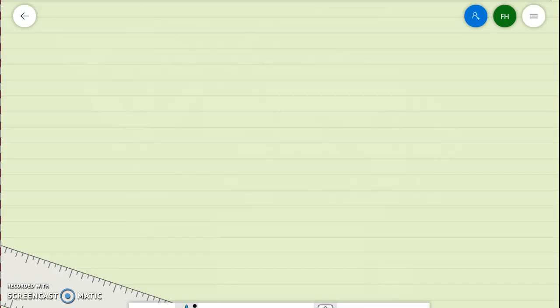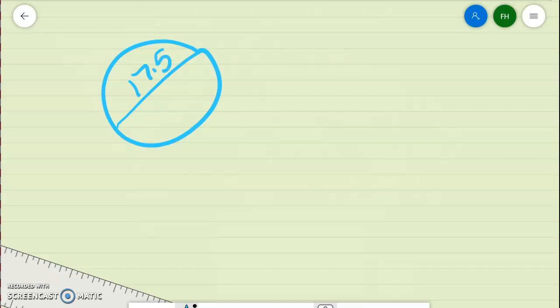Okay, the last part is Elisa has a circular garden, and it has a diameter of 17.5 feet, and she's going to use 3 teaspoons of fertilizer for every 30 square feet of the garden.